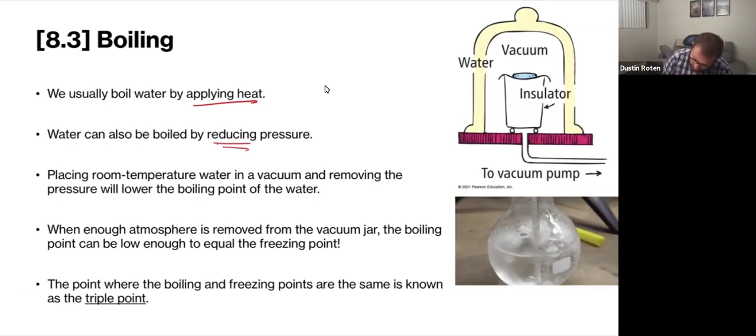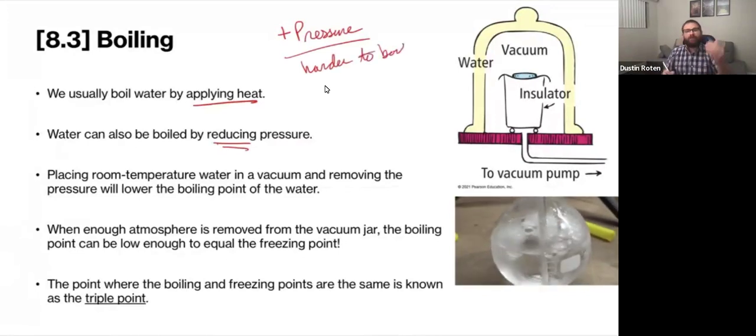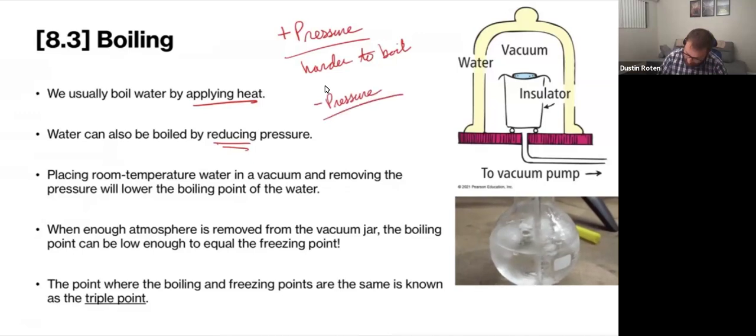Increasing pressure is harder to boil water. But if we decrease the pressure, it's easier.